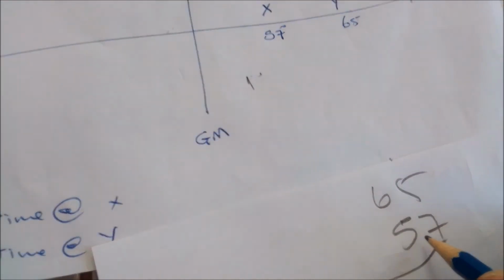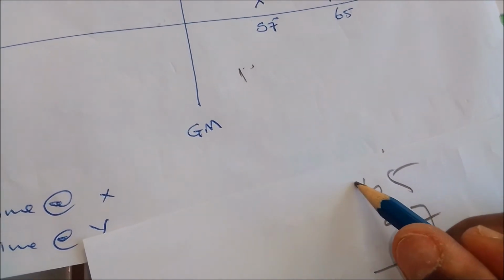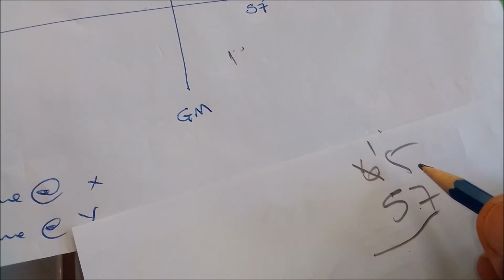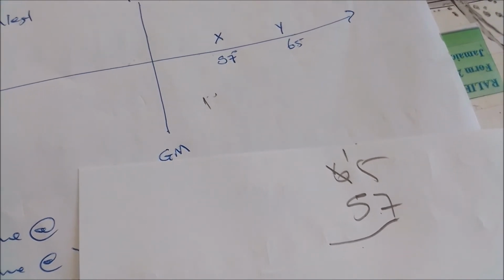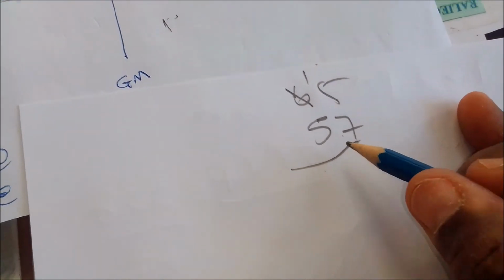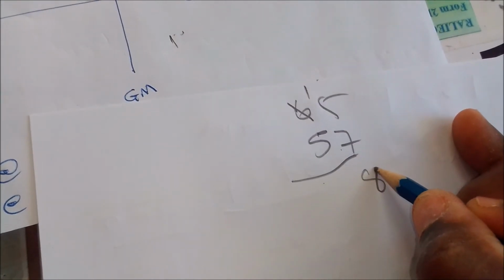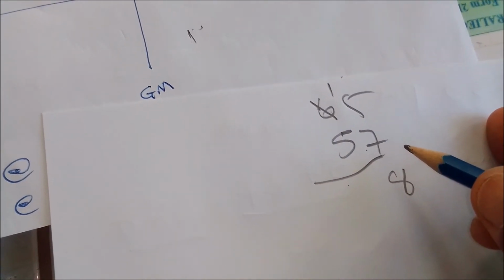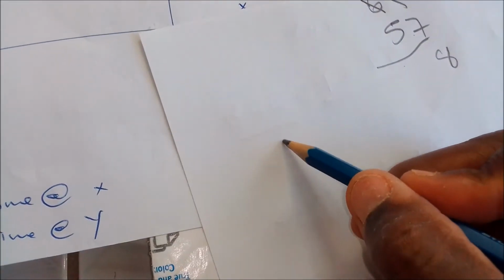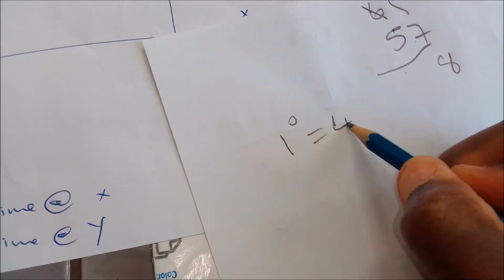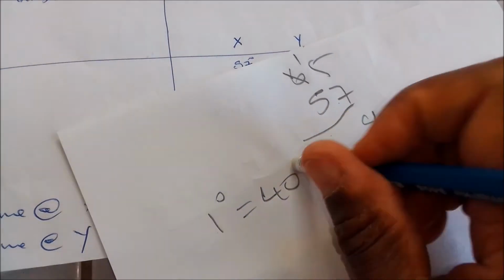So what I need to do is to minus the 57 from the 65, and I'm gonna get roughly about 8 degrees, right? Remember, 1 degree equals 4 minutes, right?